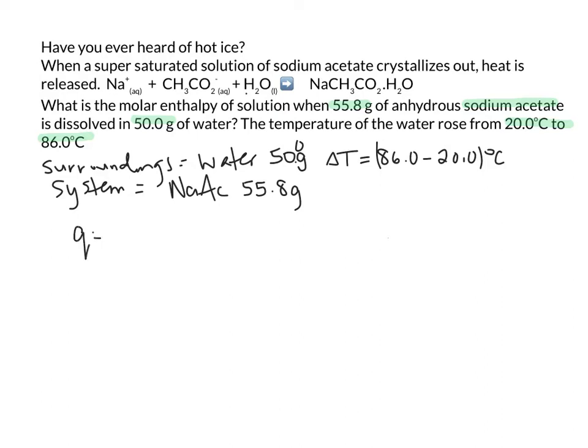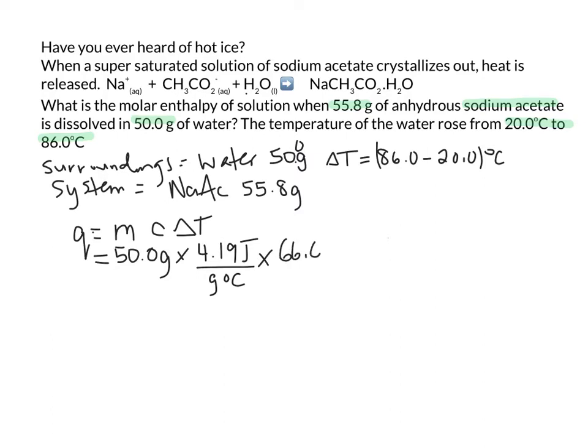Normally, when you have calorimetry questions, you start with the surroundings. So Q equals mc delta T. We have 50 grams of water. Specific heat capacity is 4.19. And delta T is going to be 66.0 degrees Celsius.